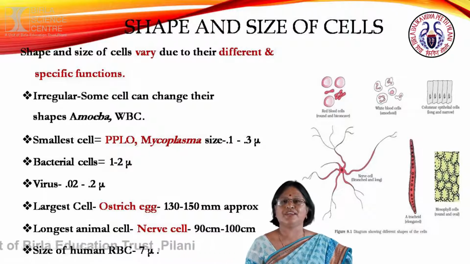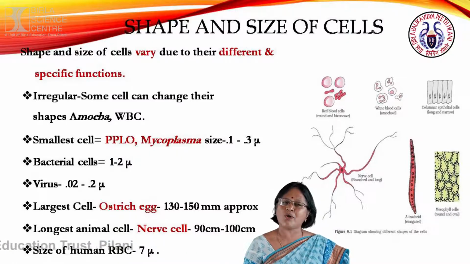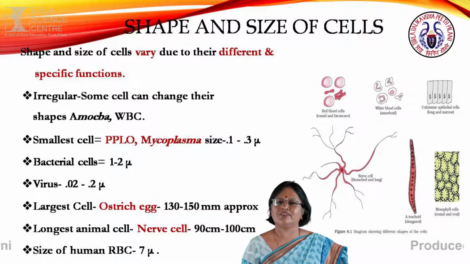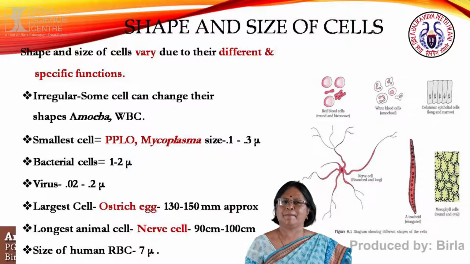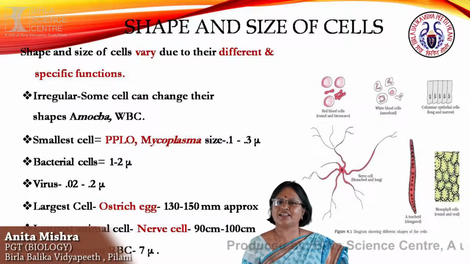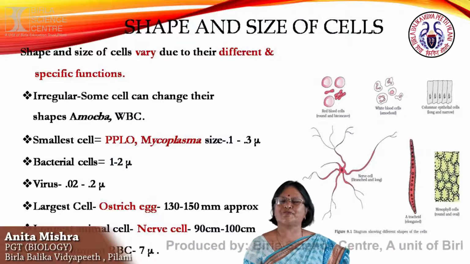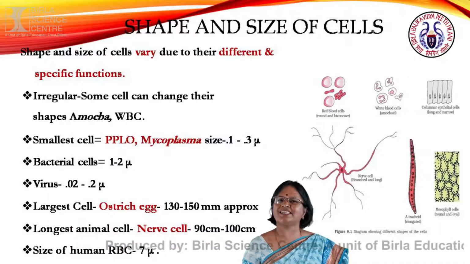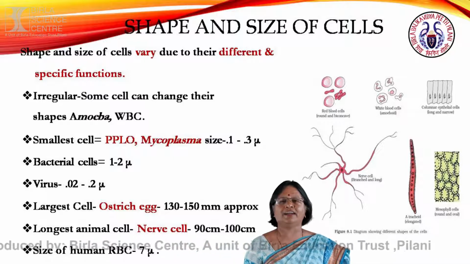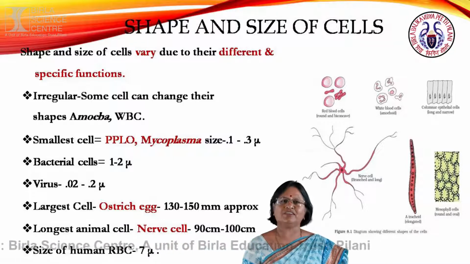Then next to it you can see that red elongated cell, that is the cell of the tracheids present in the xylem. And the last one is the mesophyll cell. These mesophyll cells are the leaf cells present between the upper and the lower epidermis of the leaf.